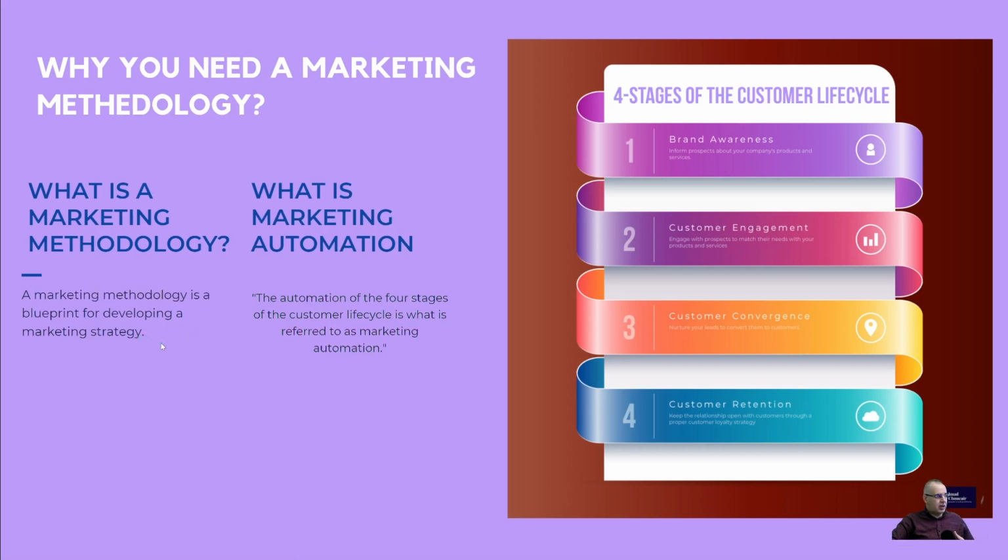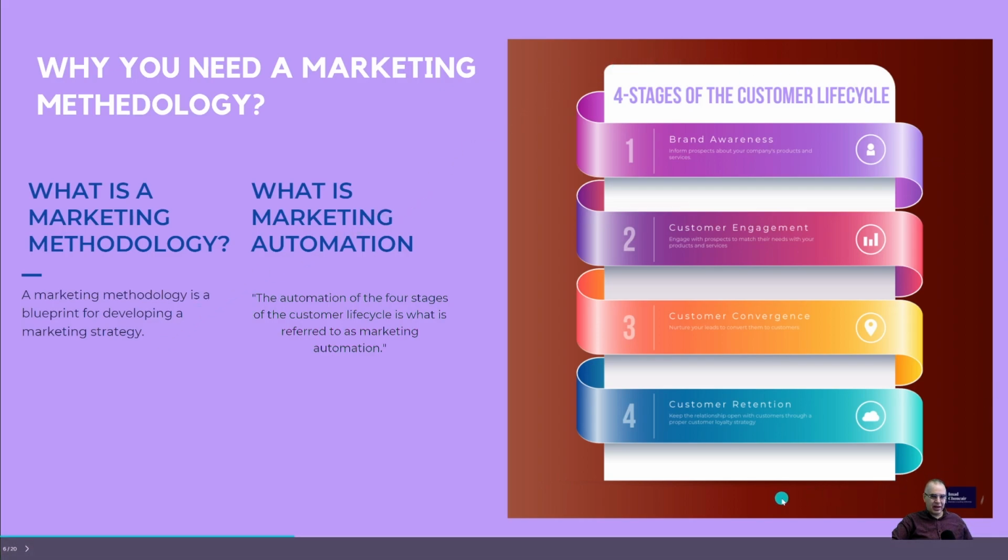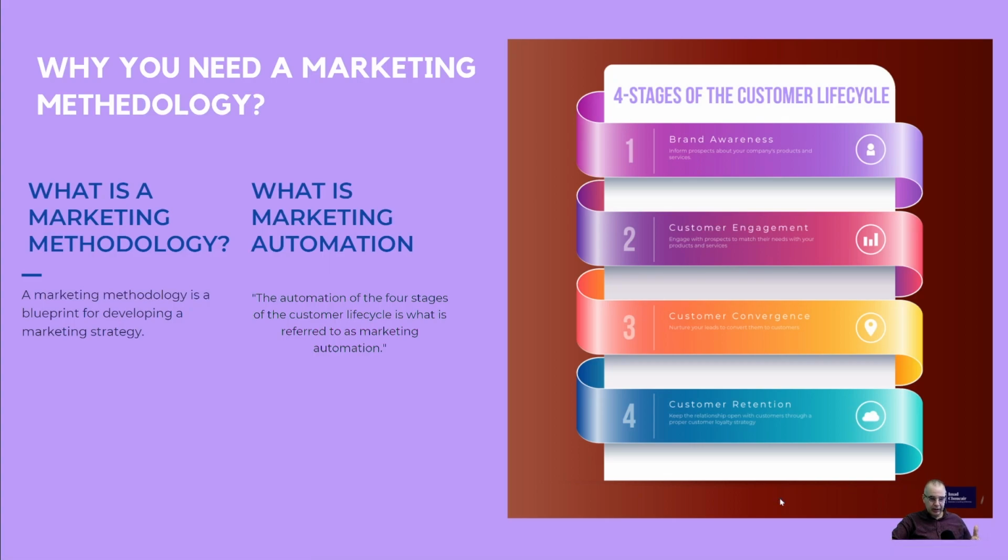Here, let's differentiate between a methodology and a framework. A framework is normally a high-level abstract, which is one element not detailed enough. So if I show you that these are the 4 stages of the customer life cycle, we can refer to those as a framework for marketing.